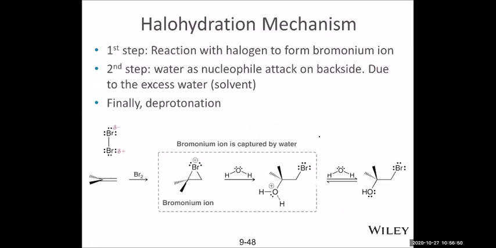The reaction mechanism, I'll go quickly on this. You're not required to worry too much about this kind of reaction mechanism.